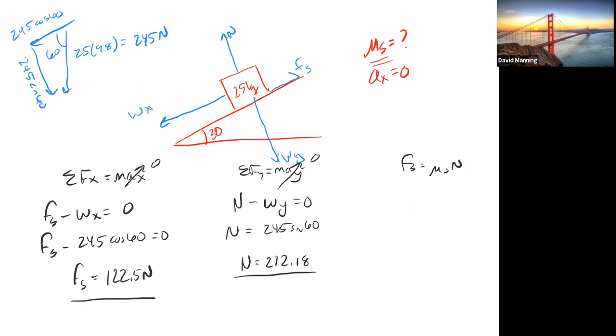What's mu s? Well, that's Fs over N. 122.5 over 212.18. 0.58.